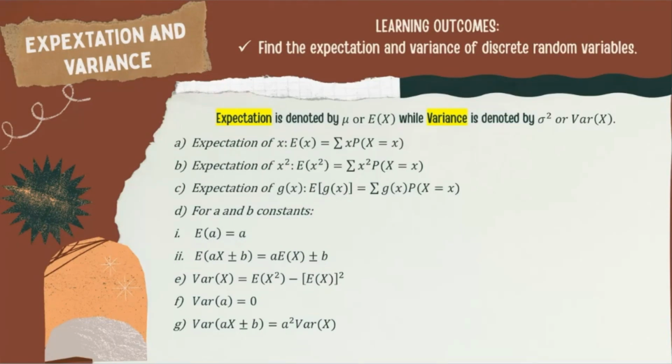Mode refers to the highest probability, so the mode will be the X of the highest probability. To find the median, we refer to the cumulative probability, where the half is. We locate where the half is and then see what its X is.